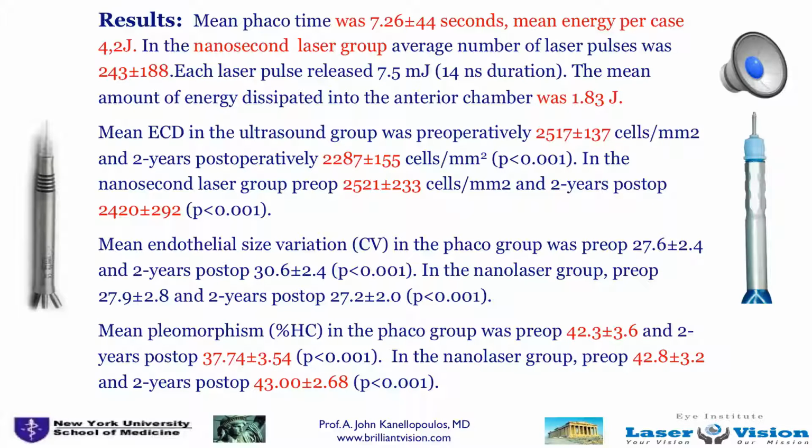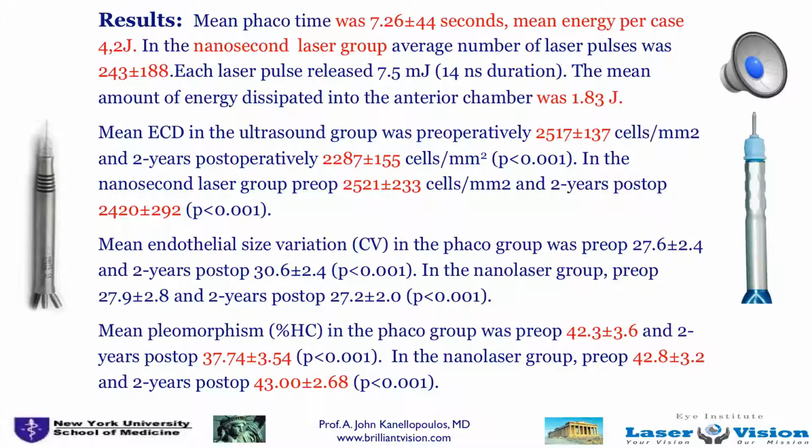The mean endothelial cell density in the ultrasound group was 2517 and at 2 years 2287. In the nano group 2521 and at 2 years 2420. Statistically significantly better. The mean endothelial cell size variation in the phaco group was 27.6, at 2 years 30.6, showing some enlargement of the amount of polymorphism.